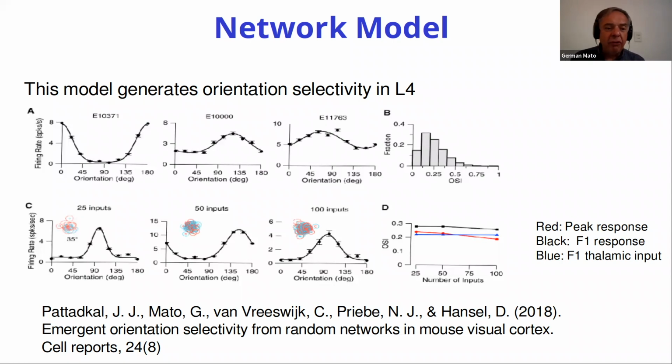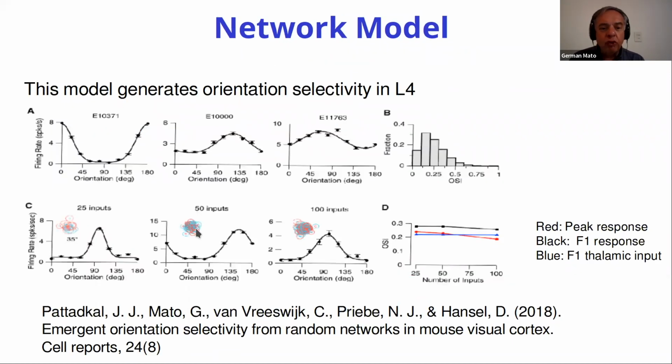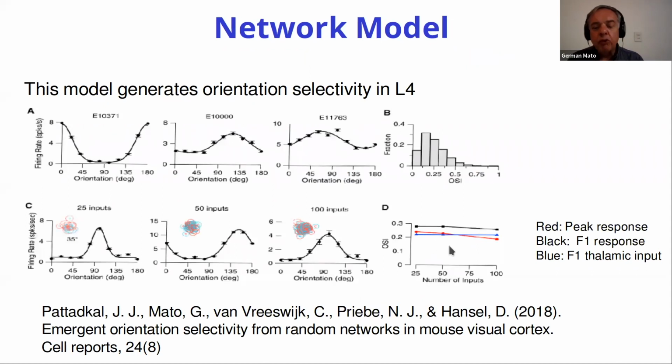Here are 3 examples of neurons with 25 inputs, with 50 inputs and with 100 inputs. And we see that there is always selectivity. In fact, if we plot the average value of the OSI as a function of the number of inputs, we see that at most there is a very weak dependence on the number of inputs.